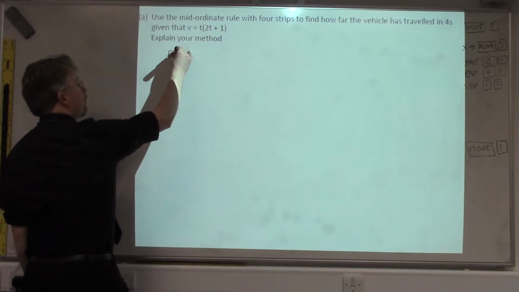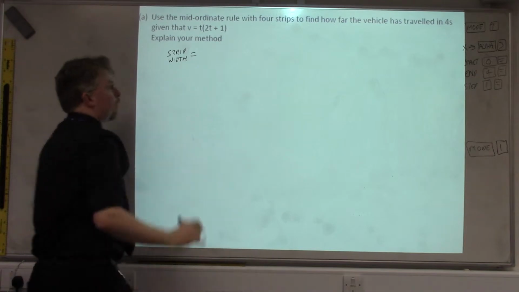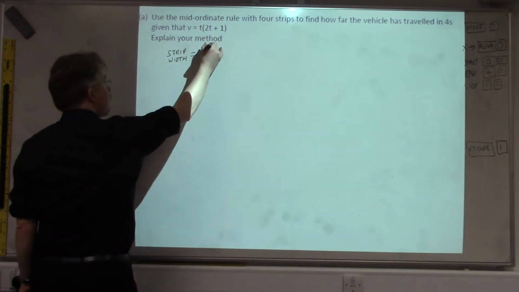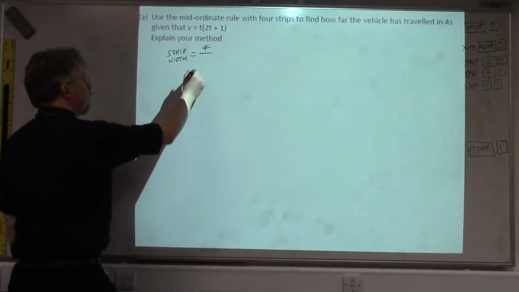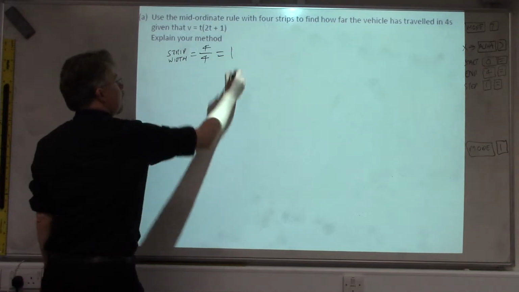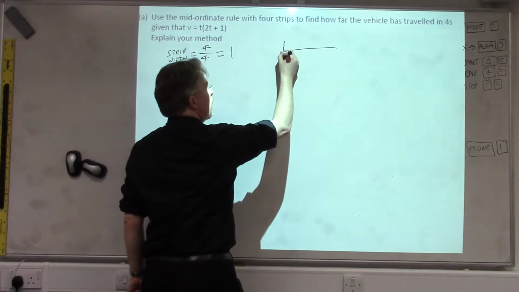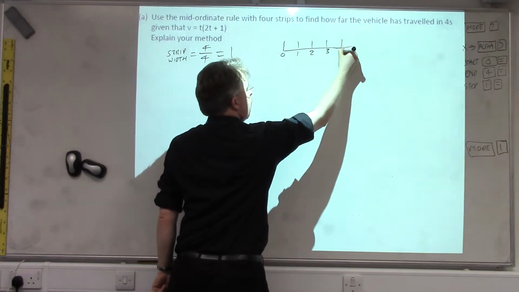So strip width is equal to how long you've been travelling for, 4, divided by the number of strips, 4, is equal to 1. So our strips would look like this: 0, 1, 2, 3, 4.